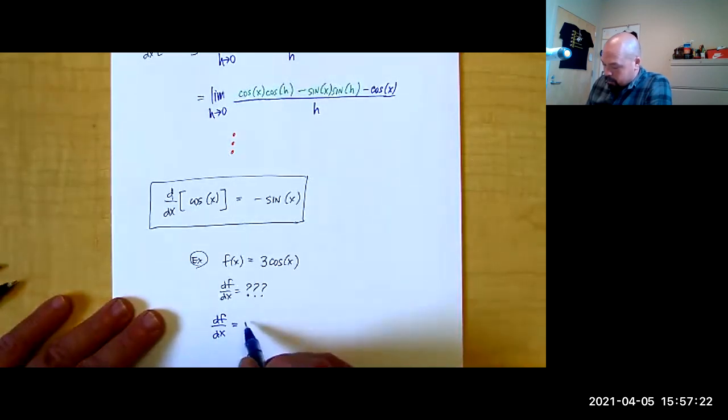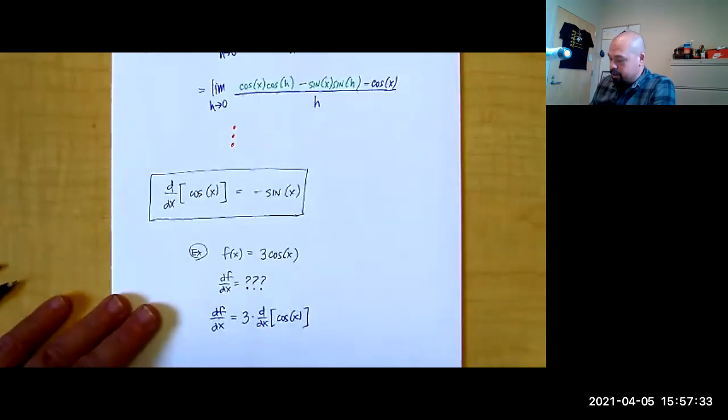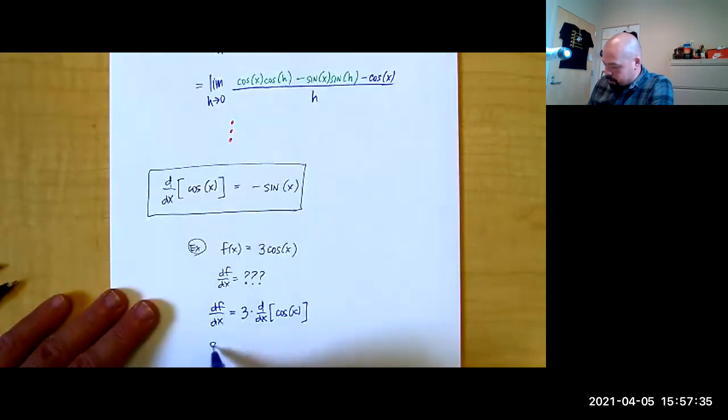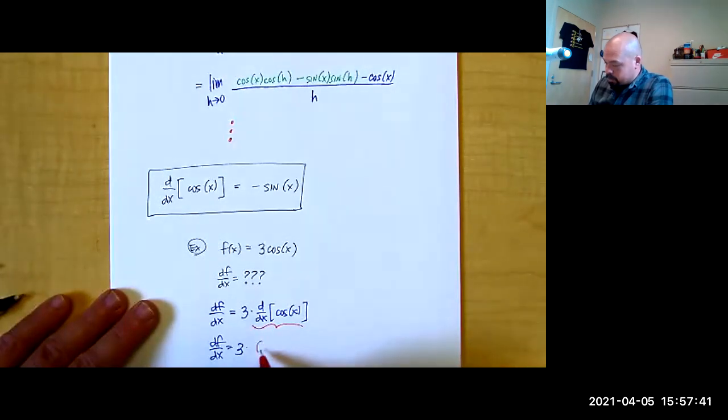It's going to be 3 times the derivative of cosine of x, right? That constant comes out, taking a quick shortcut there. And the derivative of cosine, negative sine of x.